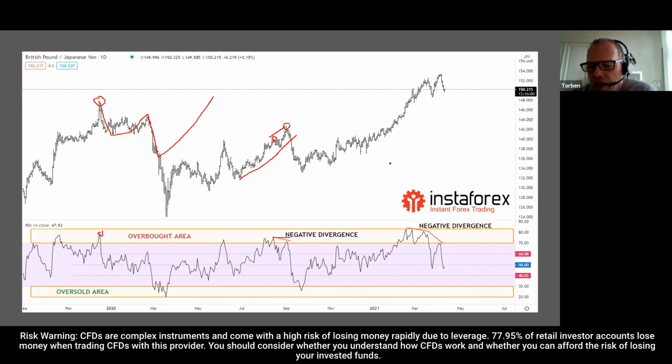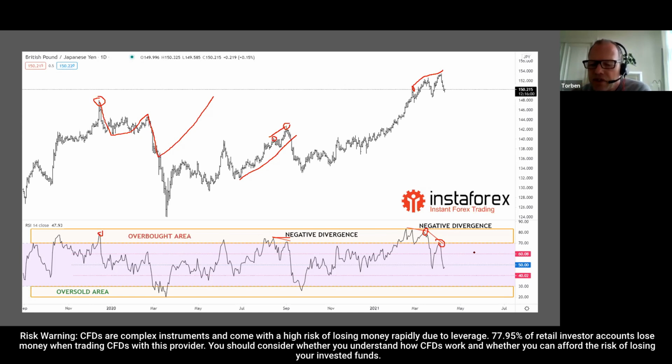And you see the same over here. You have this top, and you have another one going on here, and a really deep one down here. So again, you have the market going up, but the RSI is telling you that the market is tight, and we could be close to a top around here.